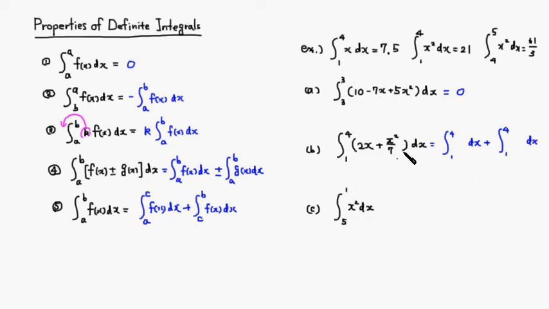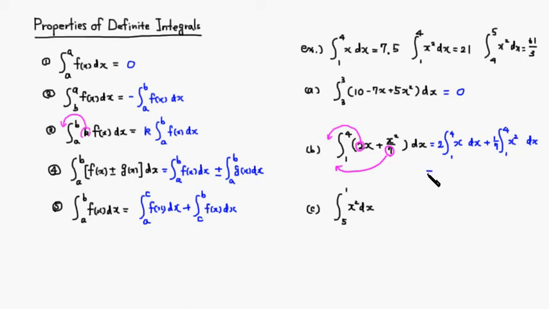Then another thing we can do is that here 2 is a constant multiple, so you can kick that outside. So you have 2 here, then you have x. And in the same way, 1 over 7 we can kick outside. Then you have x squared.